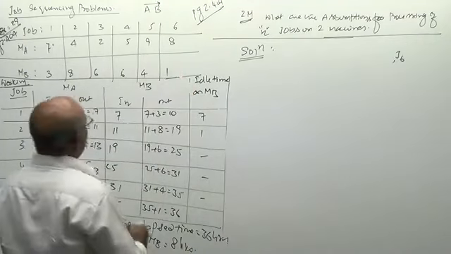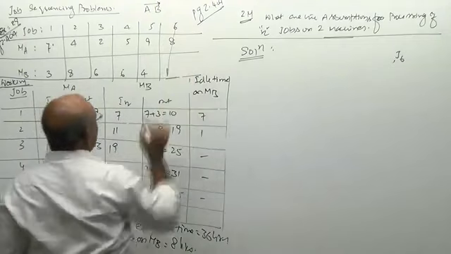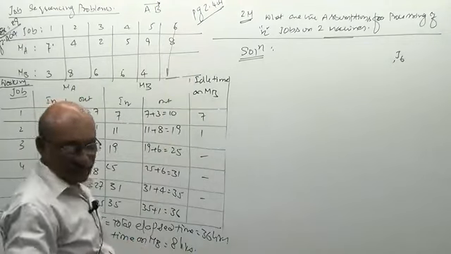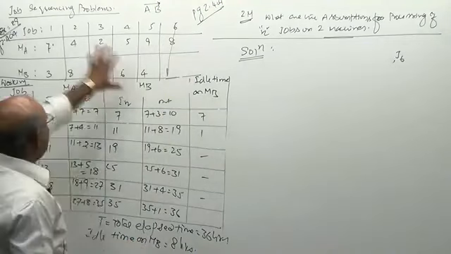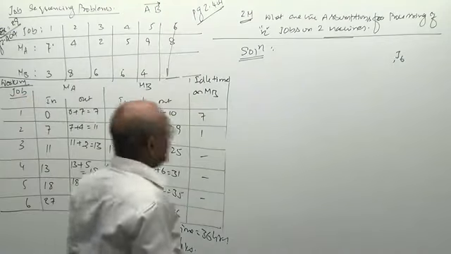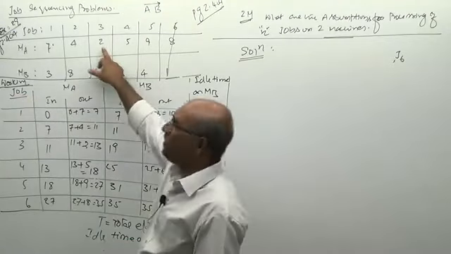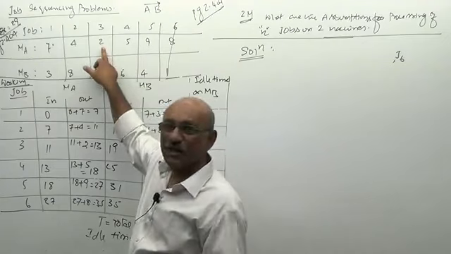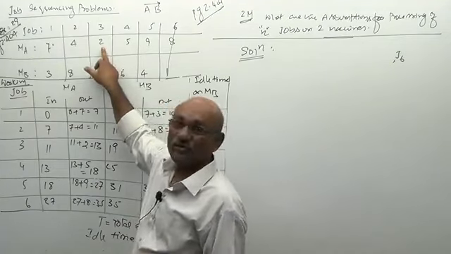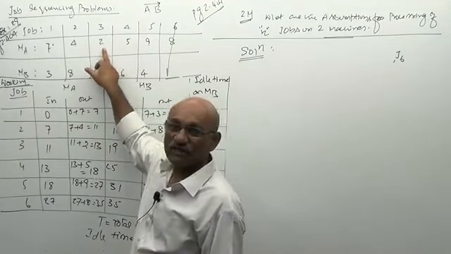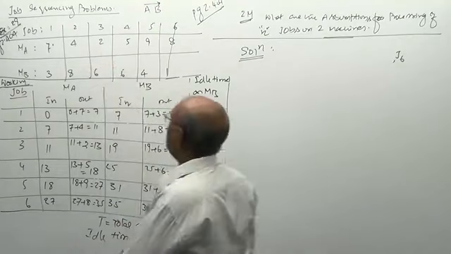Now eliminate this job from the picture, sir. Its order is determined. Next, from the remaining jobs, identify the least processing time. This time, least processing time is 2 hours. Okay, it is on the first machine.